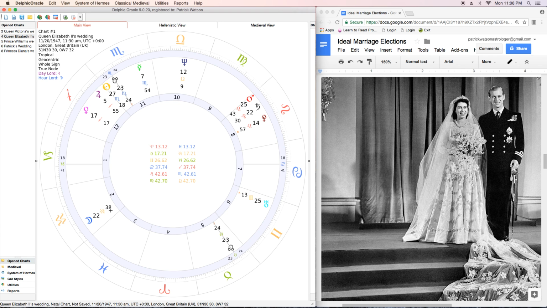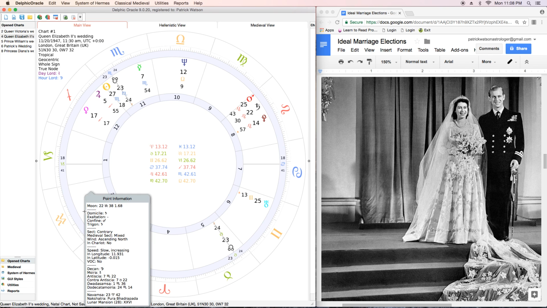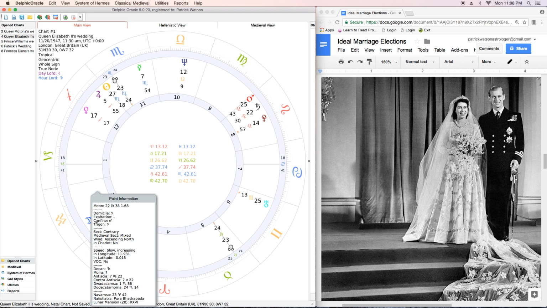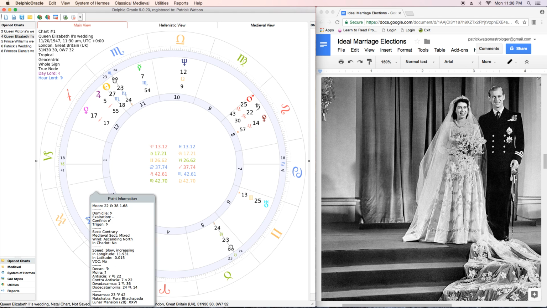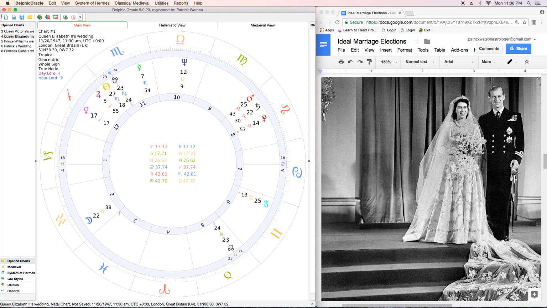So the rulers of the 1st and 7th have completed an opposition with each other very, very recently. It's actually 8 minutes past the opposition to Saturn. I don't know if the 11:30 time is exact, because it really would be just a matter of minutes as that moon has applied to Saturn. I would guess that perhaps the moon finished its application to Saturn at the time that it was a really done deal.